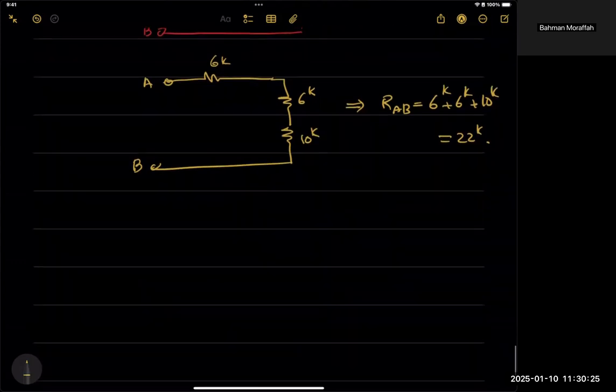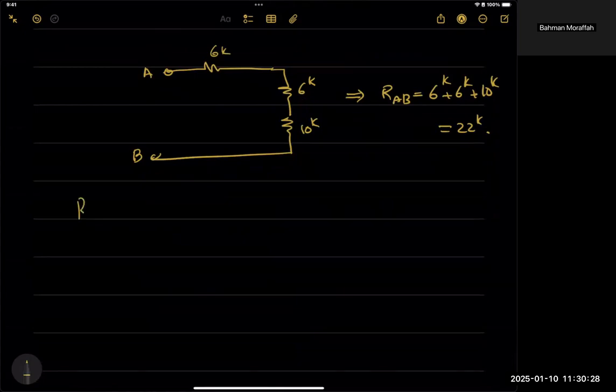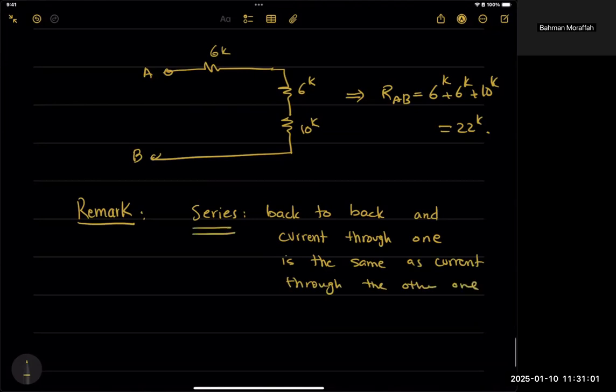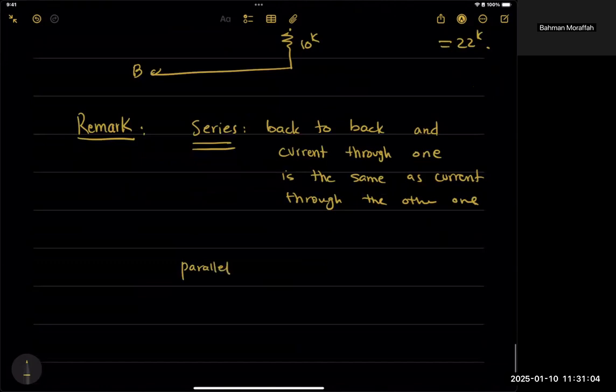Keep in mind, it's a remark: for resistors to be in series, they have to be back to back, and the current through one is the same as the current through the other.